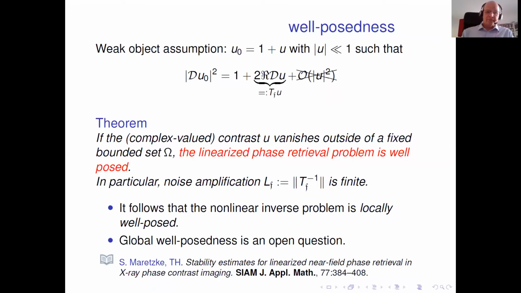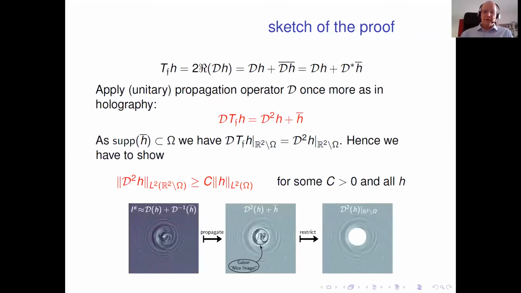And actually, I'd like to sketch the proof of this result. So here is again the linearized forward operator, which is the sum of the Fresnel propagator and the Fresnel propagator complex conjugate. This is immediate if you look at the form of the Fresnel propagator, or you can also write this as the adjoint Fresnel propagator applied to the conjugated function.